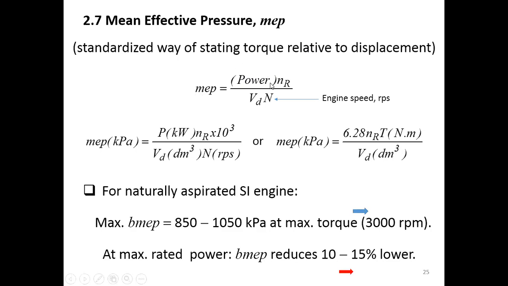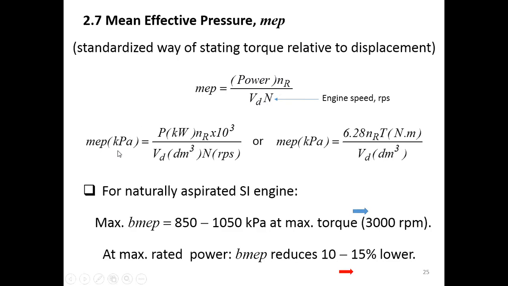Okay, so power times the number of crank revolutions divided by the displacement volume and divided also by the engine speed. All of this will give you the mean effective pressure.